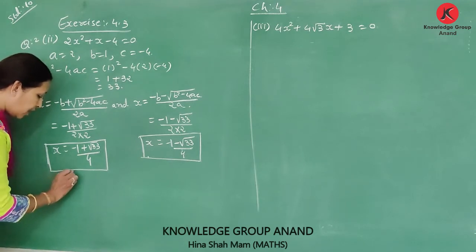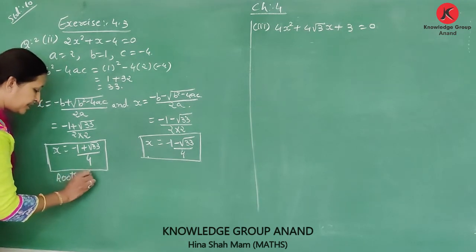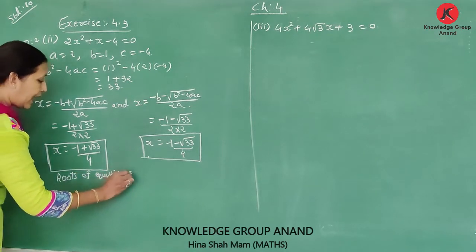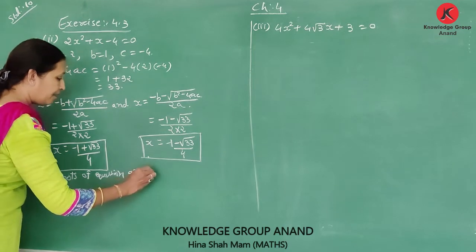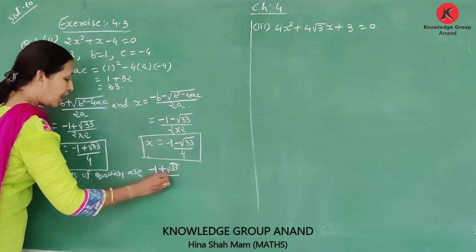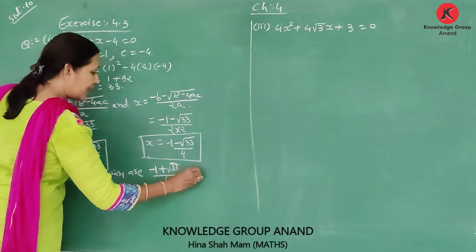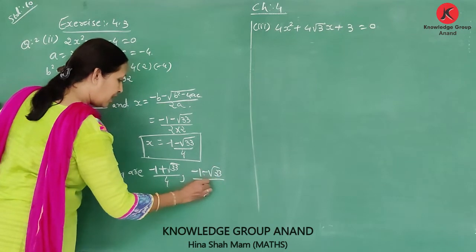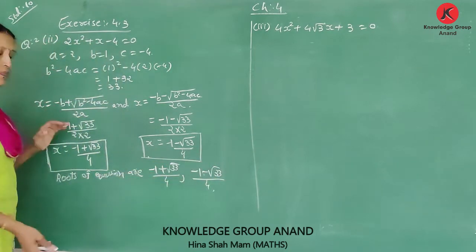Or the roots of the equation are minus 1 plus under root 33 upon 4 and minus 1 minus under root 33 upon 4.